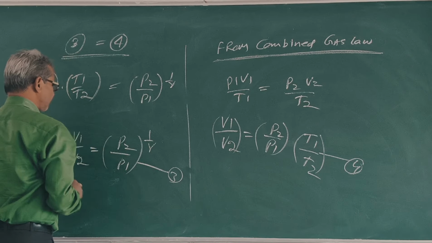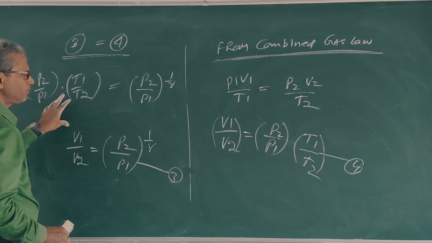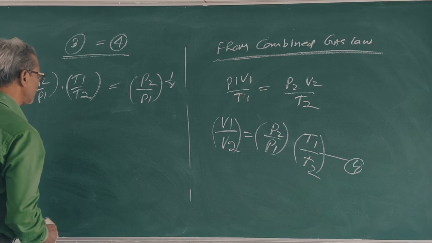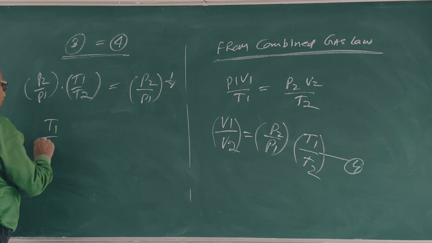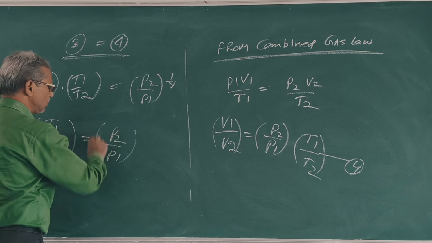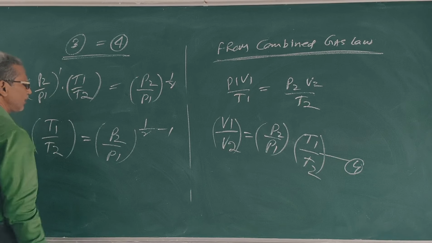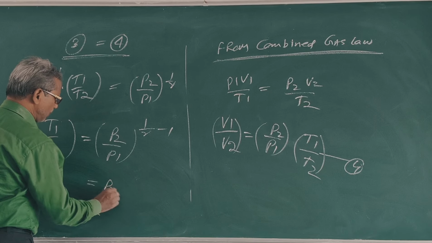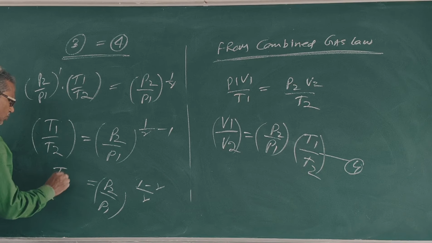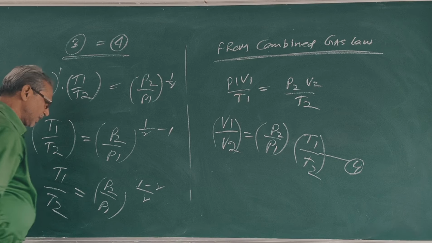Clear? This is V1 by V2. Now, T1 by T2 is equal to P2 by P1 to the power of 1 by gamma minus 1, so P2 by P1 to the power of 1 minus gamma by gamma. Clear?